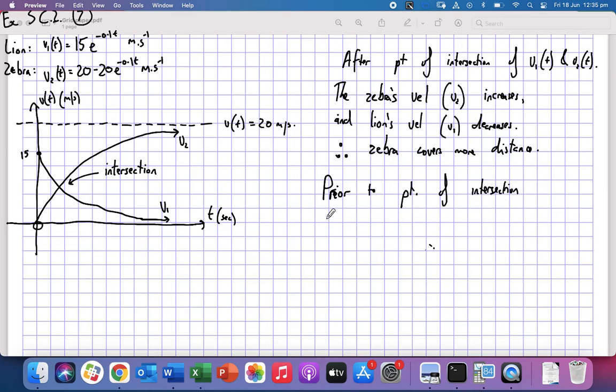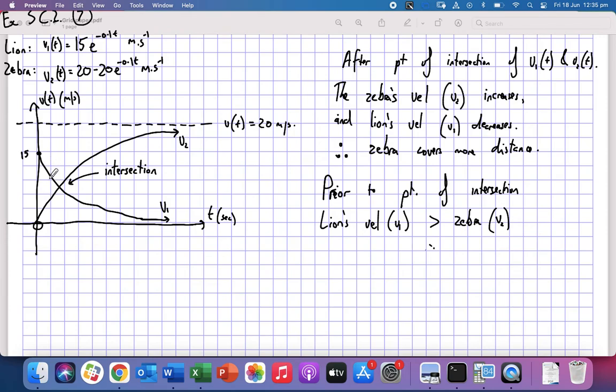Right. Lion's velocity, which was V1, is greater than zebra's velocity, which means that the lion is gaining on the zebra. So here you can see the lion's going faster than the zebra, so it's closing the gap, right?